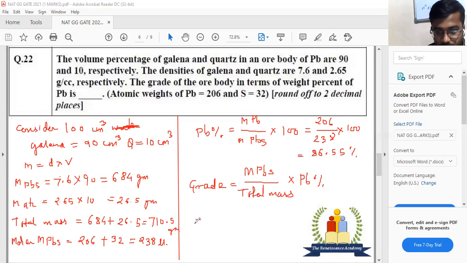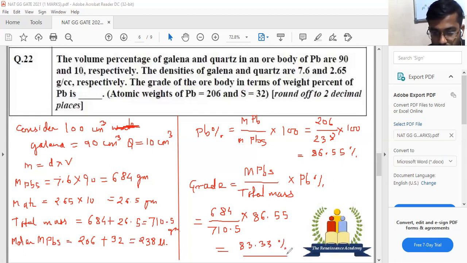So here mass of PbS is 684 divided by total mass 710.5 multiplied by Pb percentage 86.55. Okay, so if you solve this, you will get grade is equal to 83.33%, and this is your final answer, 83.33%.